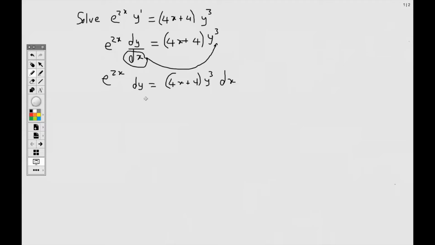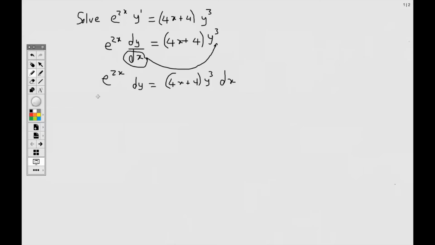Now dy means I'm integrating with respect to y, while dx means I'm integrating with respect to x. So using separation of variables, that's the method I am using here, I need to get all the y's on my left and all the x's on my right.